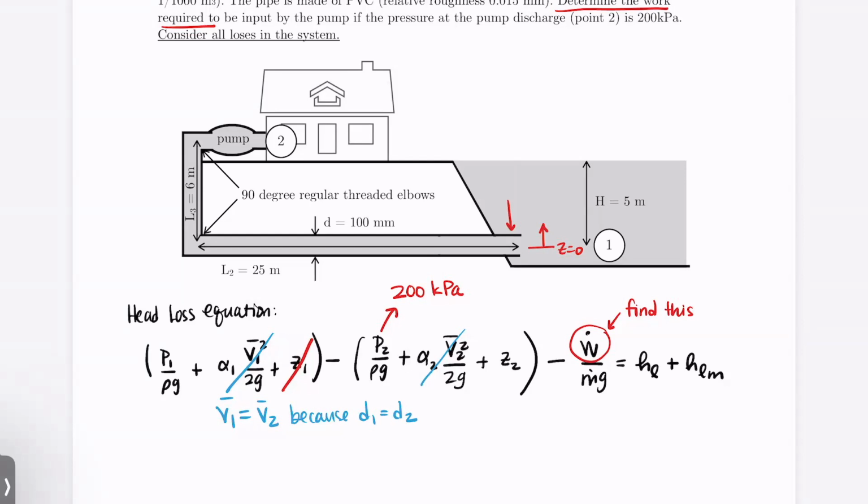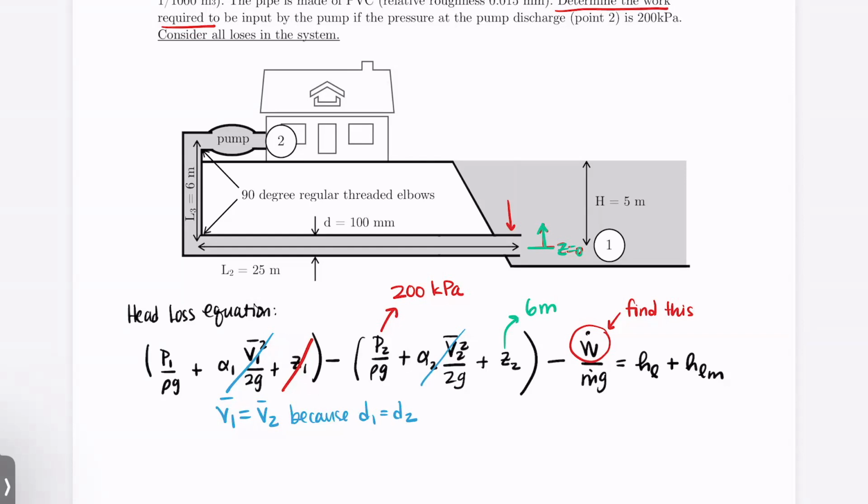All right. What is Z2? Yeah, so we have that. So this is 6 meters. What about pressure at 1?